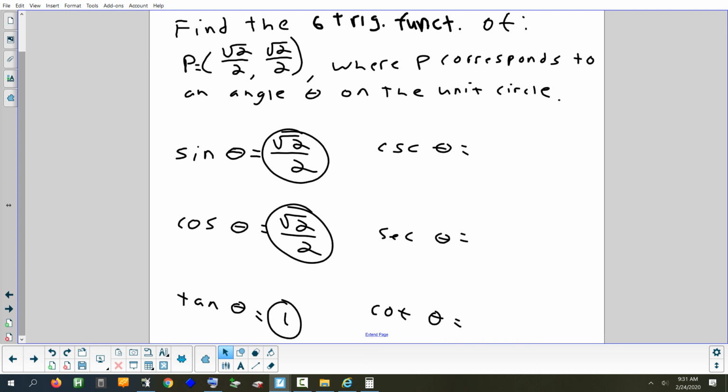So let's do our cotangent, because that one's quick. You can go in any order that you want here. So Ian, what would my cotangent be? Once you have the one on the left, what do you always do with it to get the one on the right? Would it still just be 1?